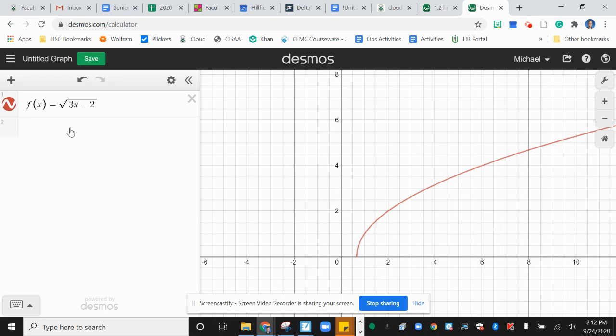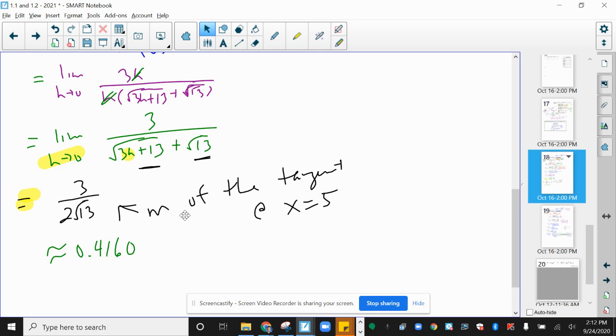If I want f prime, so again, you can just type f prime at 5. It won't draw it there for you, but it'll just tell you. So you can type f at 5, like you can just figure out what's the y value at 5. It'll tell you the value right here, but that's not what we're looking for. We want the slope of the tangent at 5. So you put a prime in between. Here's the slope of the tangent at 5, 0.4160, which is exactly what we had. All right.